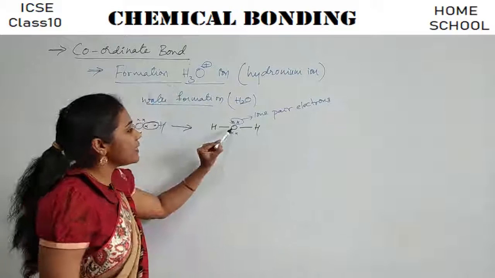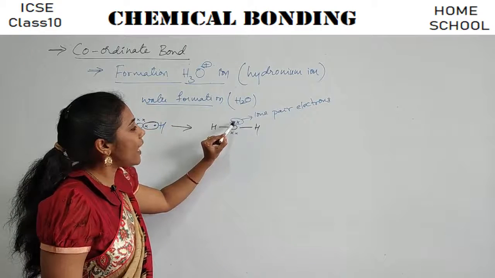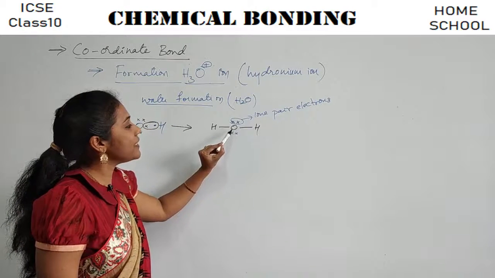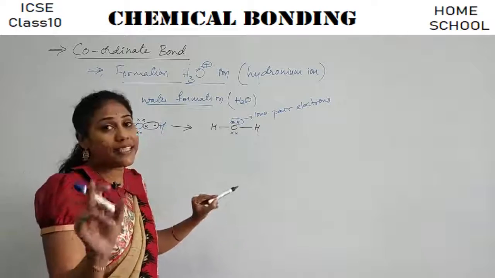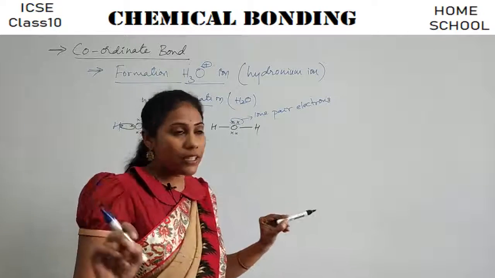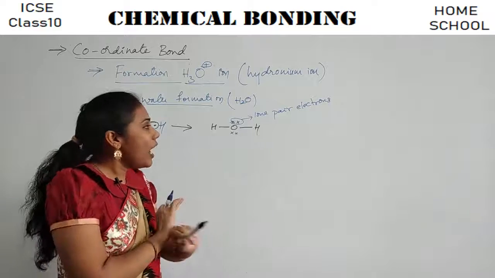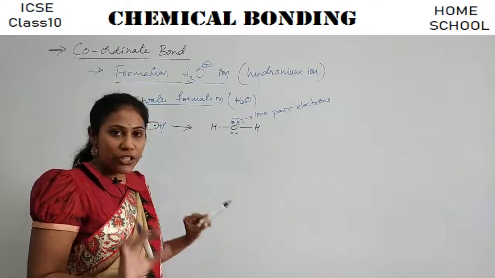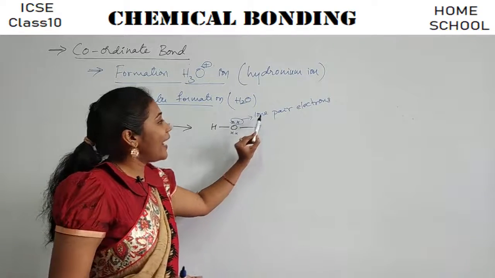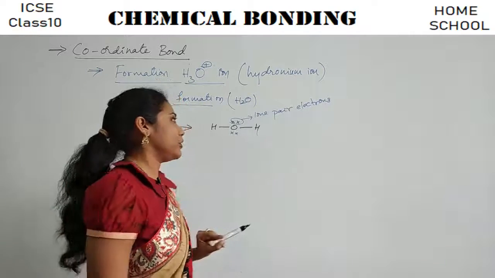So here oxygen has how many lone pairs? 1 and 2. Pair in the sense 2 electrons, isn't it? So these two pairs of electrons are not shared with hydrogen, so they are called lone pair electrons.